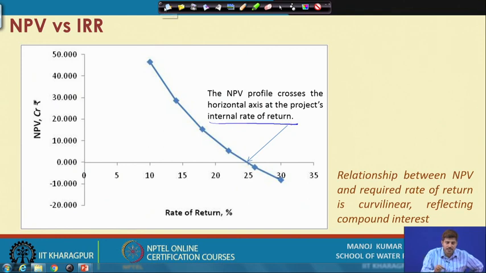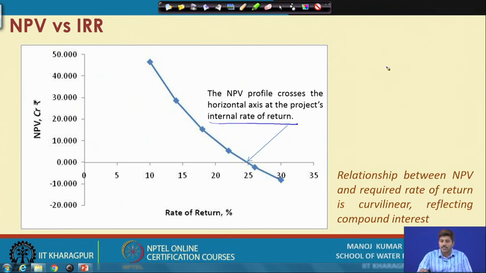So, this establishes the typical relationship between NPV and IRR. This relation is curvilinear because we have considered compound interest, if you recall how we applied the discount.